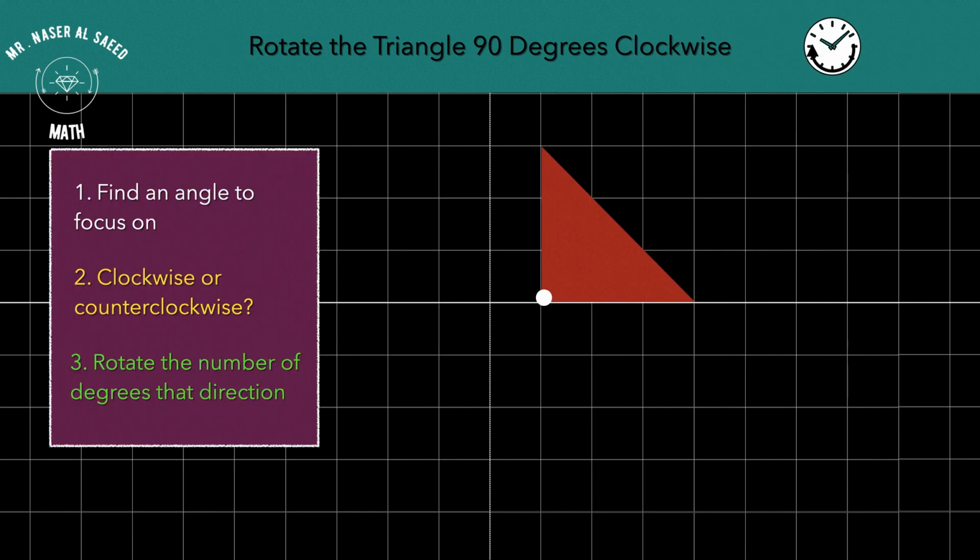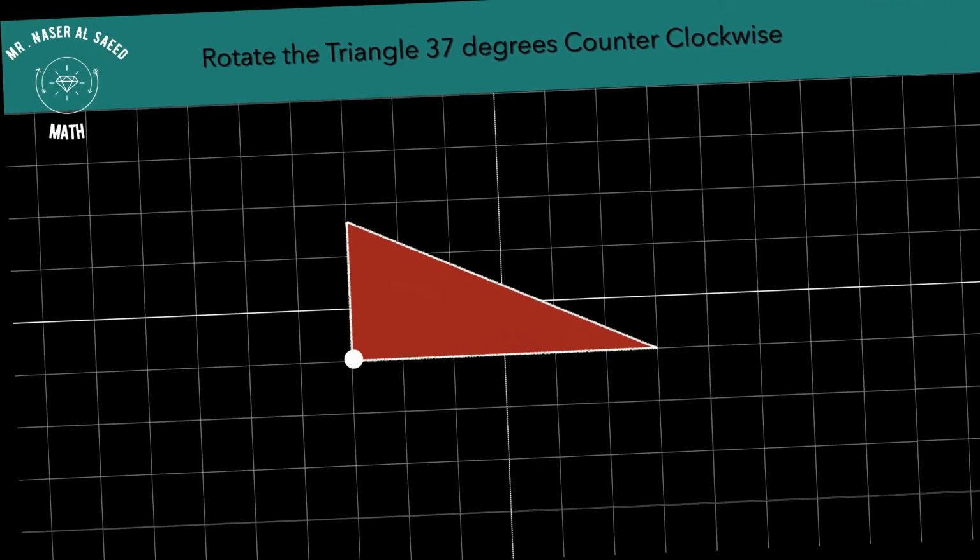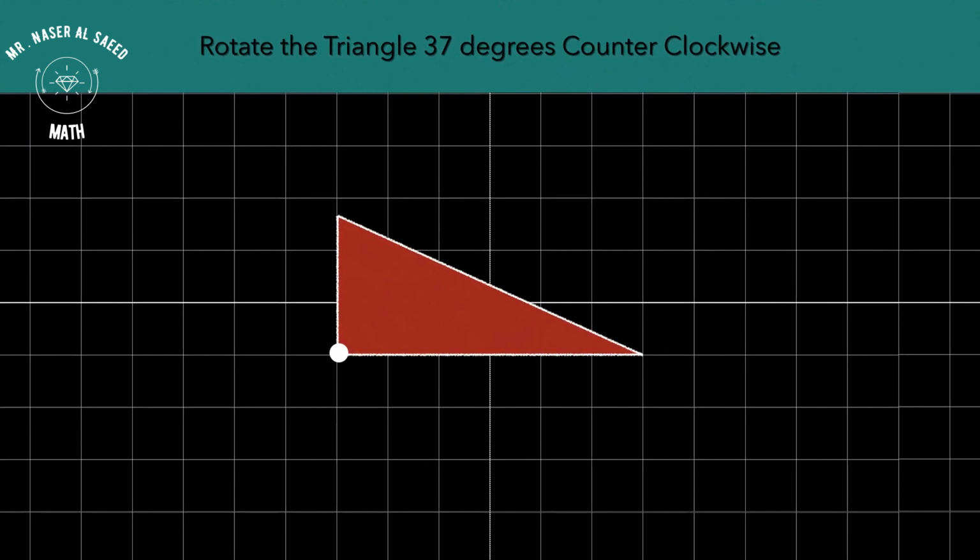All right, let's take a look at this triangle. Rotate the triangle 37 degrees counterclockwise. Clockwise was in the direction of the hands on the clock.